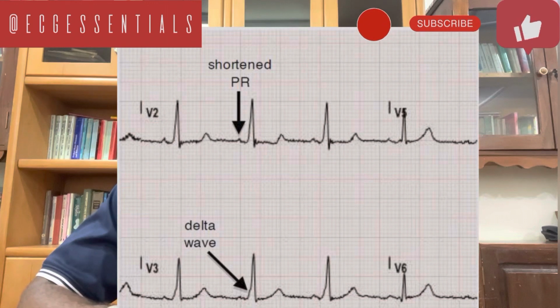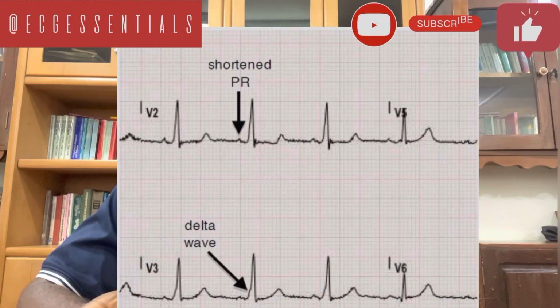So for example, in a pre-excitation syndrome like Wolff-Parkinson-White, the PR interval is shortened, and that is not because of a normal anatomic variation, but because there are accessory pathways through which the impulse is conducted. We will look more at Wolff-Parkinson-White and other pre-excitation syndromes as we move along with our discussion.